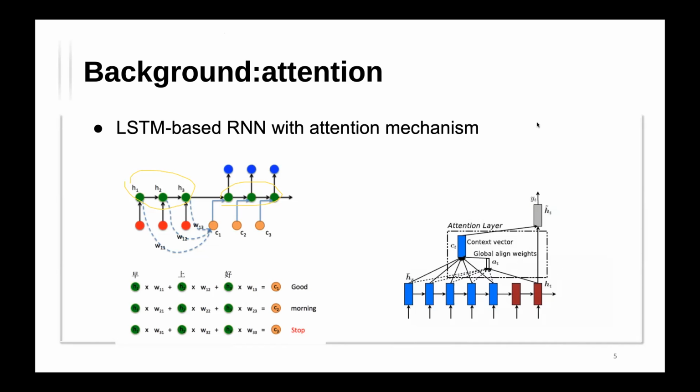Maybe you can explain a little about the matrix here. Each column corresponds to 早上好, and each row corresponds to good, morning, stop.